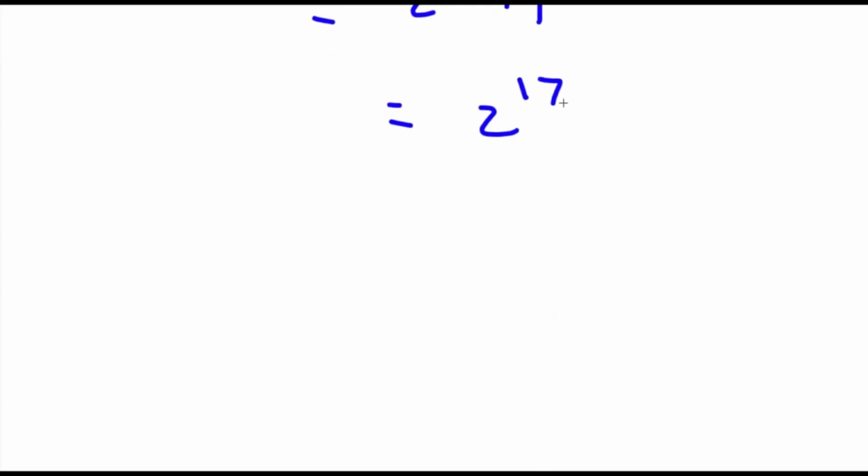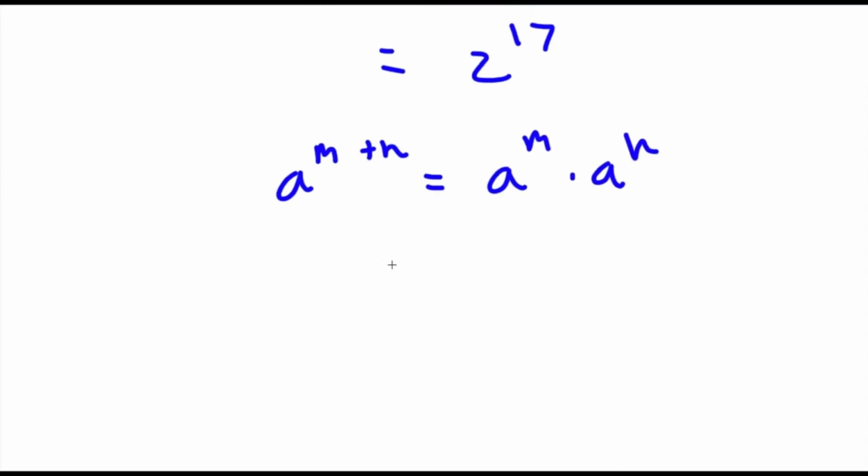Now, to simplify 2 to the power of 17, well, if I have something in the form a to the power of m plus n, this is equal to a to the power of m times a to the power of n, right? And 2 to the power of 17, this is equal to 2 to the power of 9 plus 8.